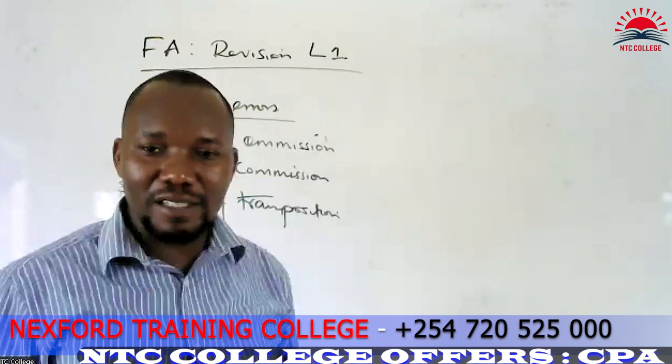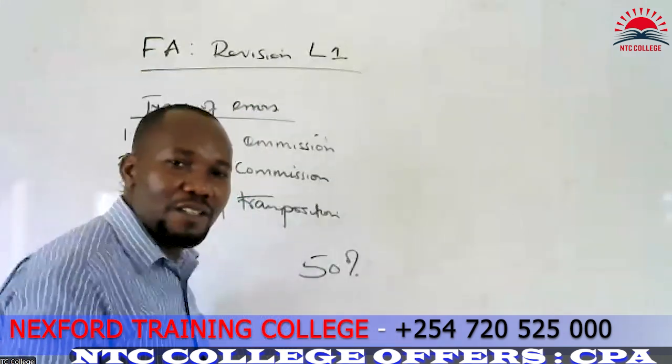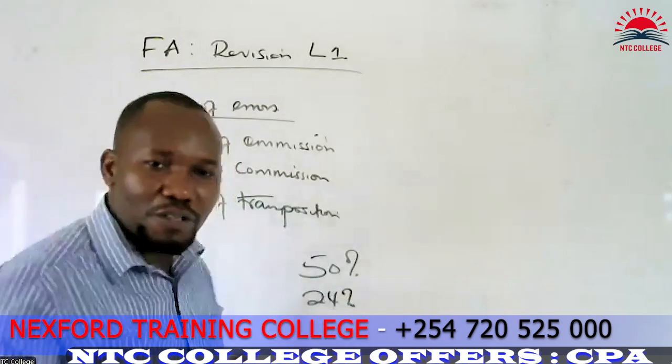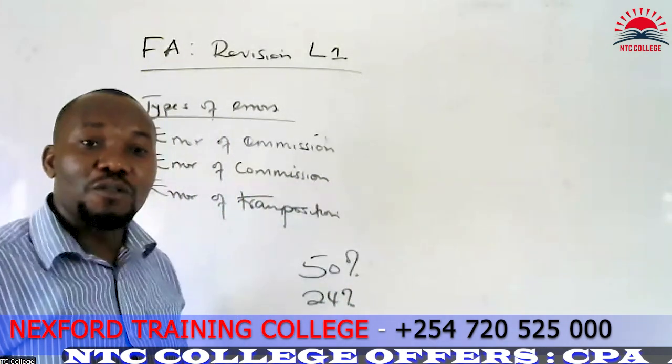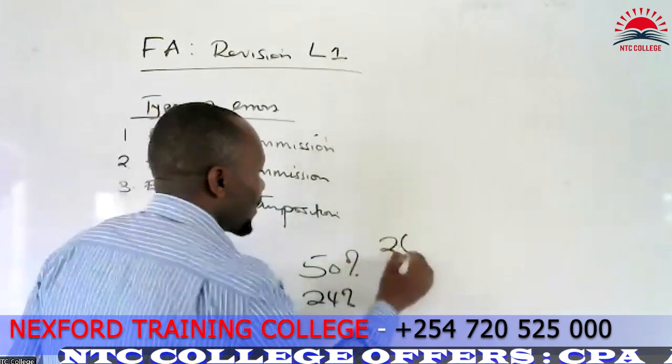I'm advising my students to please make sure that you answer the theory questions, because the pass mark is normally 50%. So imagine if you get 24% from theory. All the calculations that you'll be doing, you'll only be working towards getting the remaining 26%.